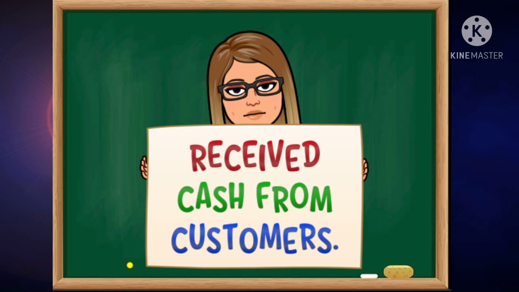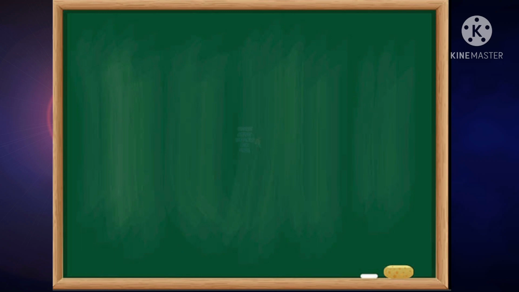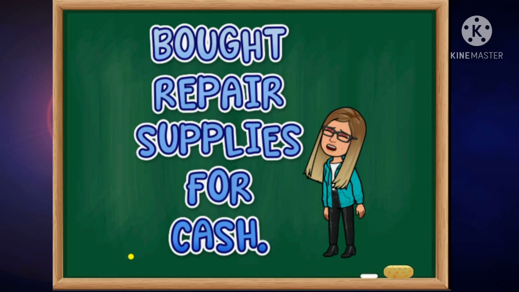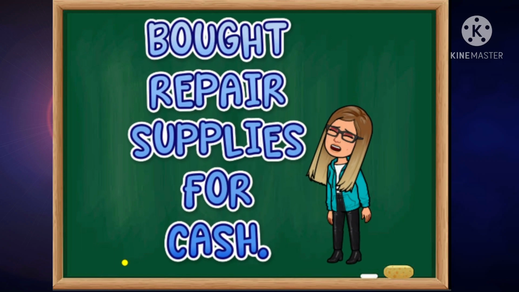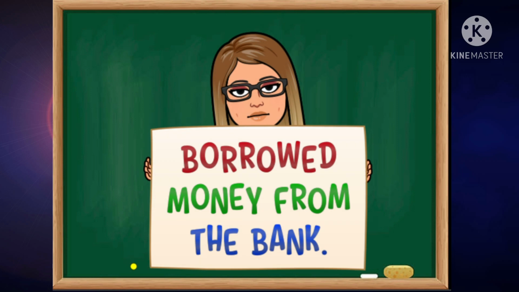And the verb is received. Very good. One more, bought repair supplies for cash. And our verb there is bought. Very good. And borrow money from the bank. And the verb in that sentence is borrowed. Nice.